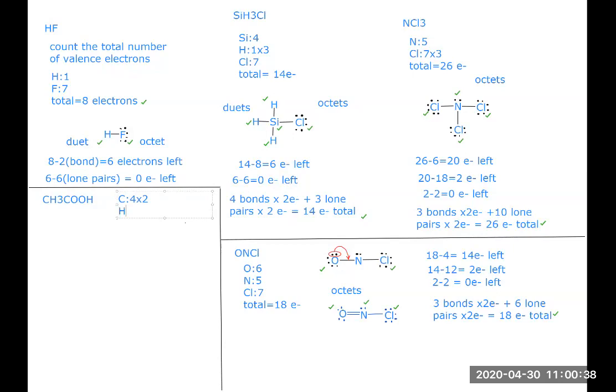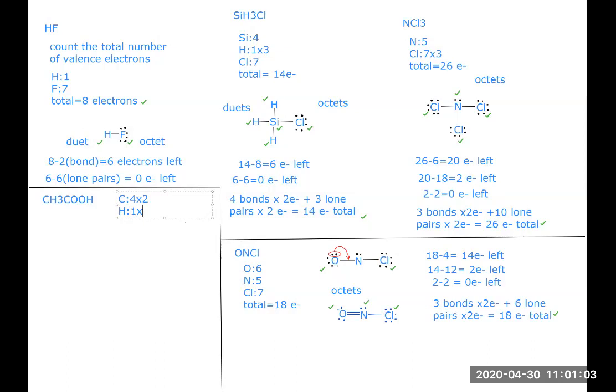Hydrogen. Hydrogen brings 1. And we have how many hydrogens? So be careful, the formula is written in a certain way. If you continue with chemistry 131, you will learn to recognize what this means.